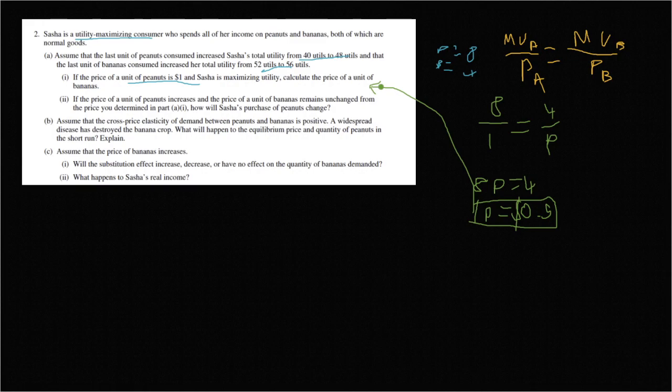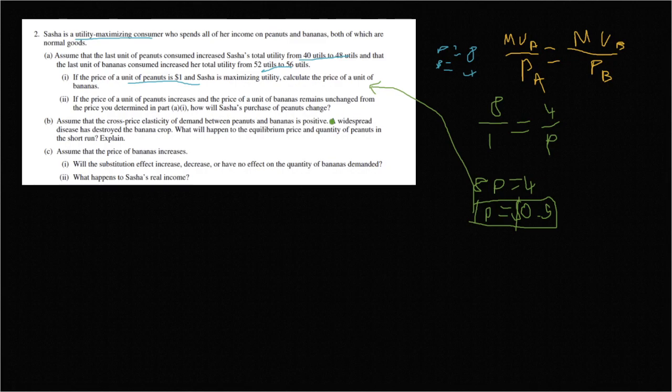So if the price of peanuts increases and the price of bananas remains unchanged, how will it change how much she purchases of peanuts? Because she is currently utility maximizing, we don't really have to think too much about how it'll affect it.